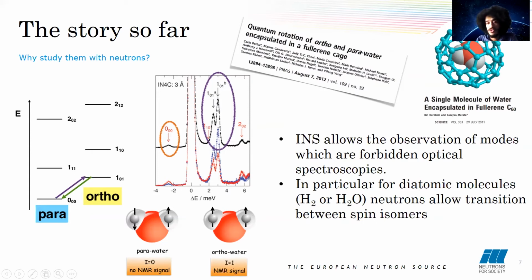And this transition is forbidden in optical, infrared or Raman spectroscopies, but it is allowed, you can see it in INS spectra, and that is one of the many interests of using neutrons to study these systems.